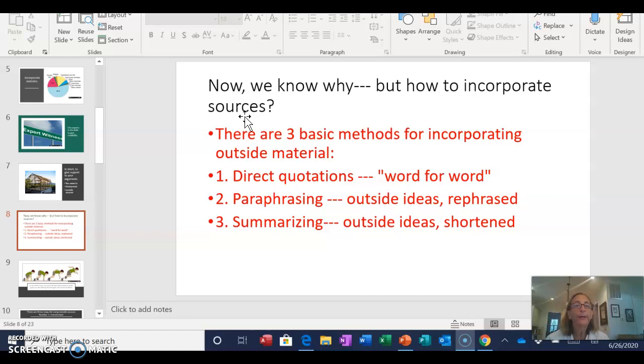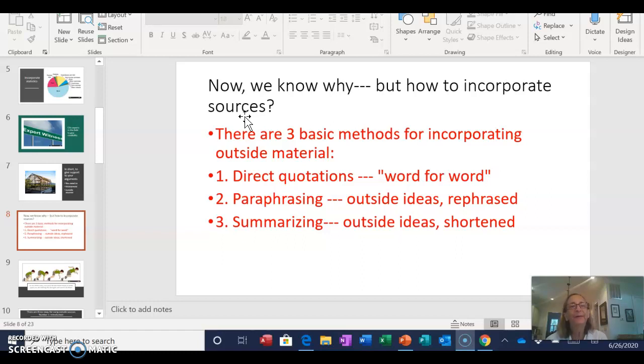Another way to include outside sources is to paraphrase, correct? So that's somebody else's ideas, but you're basically rephrasing their ideas. And the last way is to summarize. And that's very much a hybrid of direct quoting and paraphrasing. You're shortening up what that particular person has said.